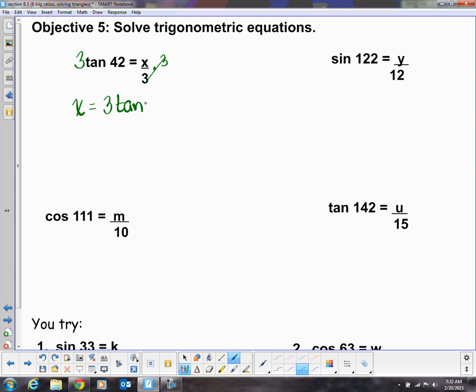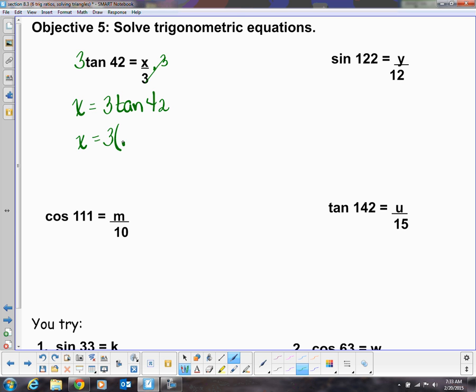What do you think you're going to do? So you're going to say 3 times the tan button 42. If it's backwards, for my backwards calculators, you're going to do 42, hit the tan button.